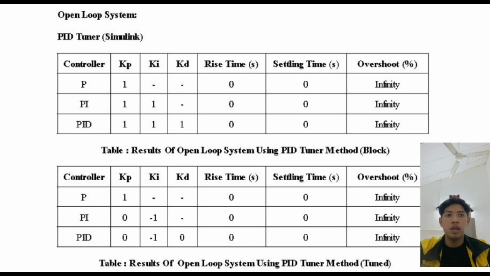From this result, we know that none of the P or PID controllers make the open loop system stable. The reason is that the system parameters like rise time, settling time, and overshoot indicate no proper control, as the outputs are undefined.